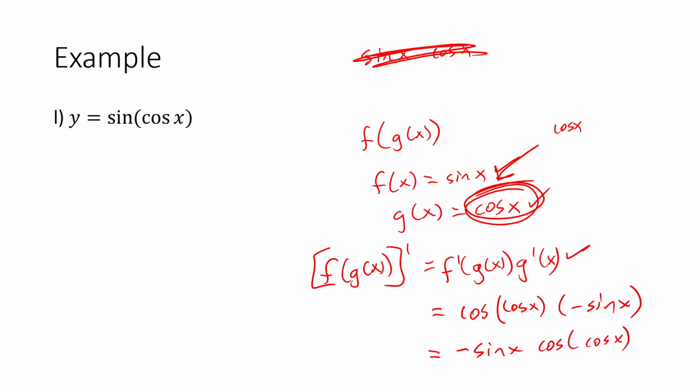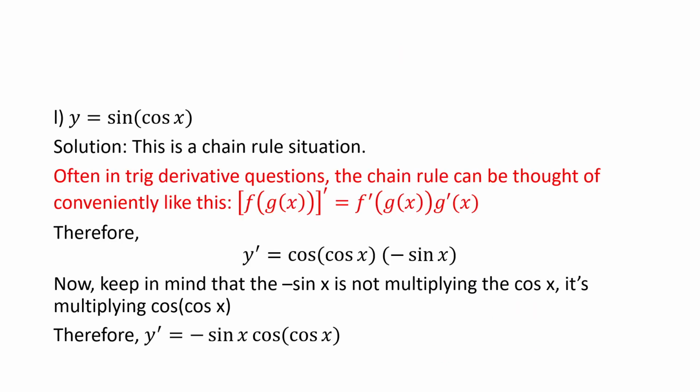Okay? So if you want to see that worded a little bit more nicely, a little bit neater on the screen, this is what we have. We have a trig derivative question using the chain rule. So the way a lot of people think about it is just to say this. Their outer function is sine, their inner function is cos x. So they'll do the outer, so the derivative of sine is cos.